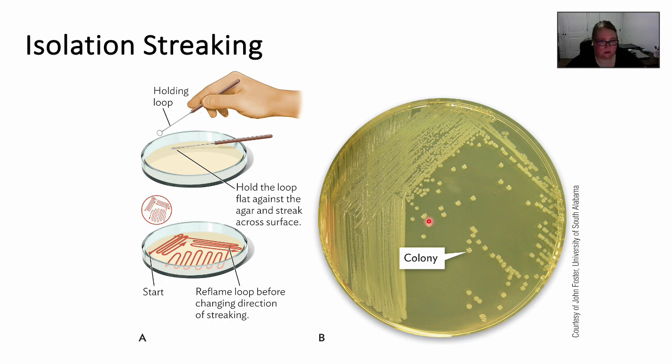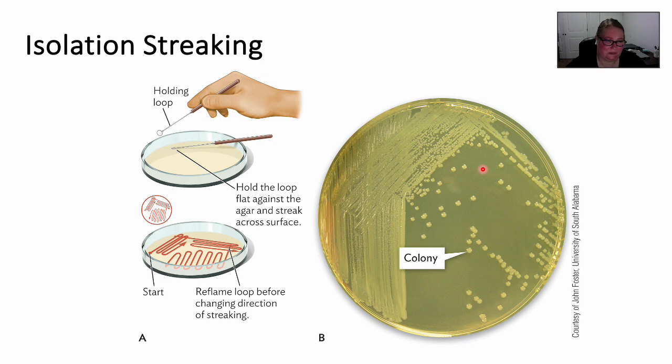But the important thing to remember about this, and you will be tested on this in both the lab and in the class, is that you do not get more sample after that first transfer. We're going to keep using the loop and keep streaking the plate, but we are not going to add more sample to it. That would defeat the purpose of trying to separate it out into colonies.